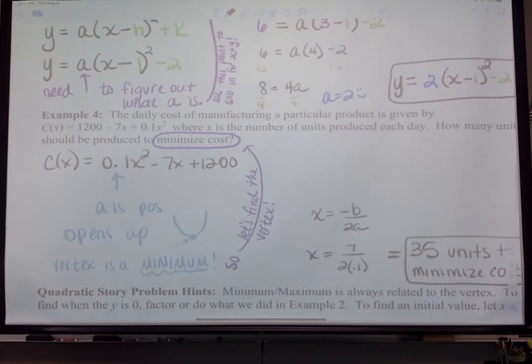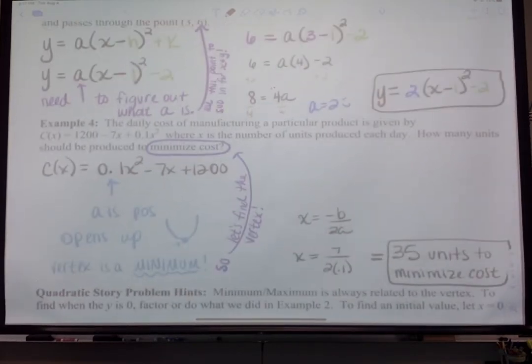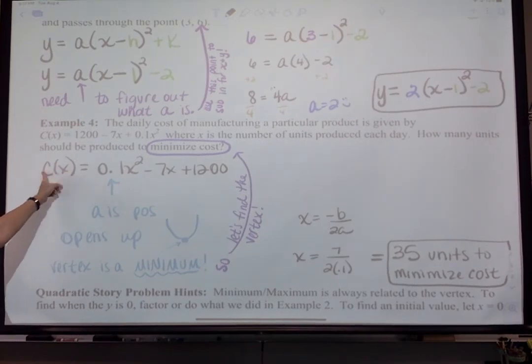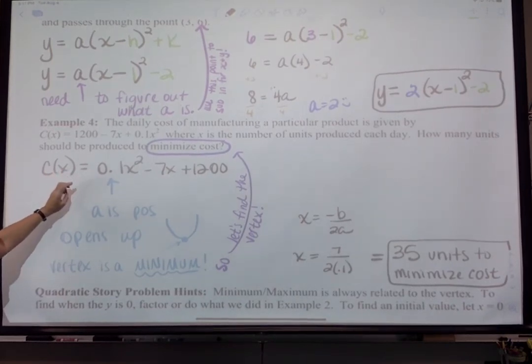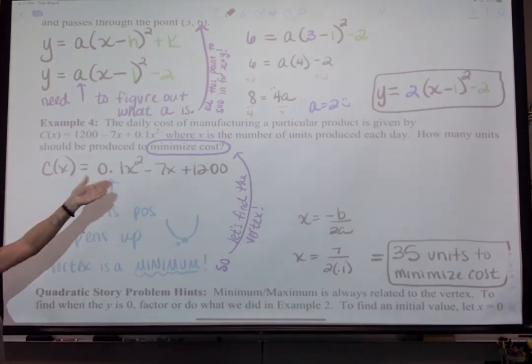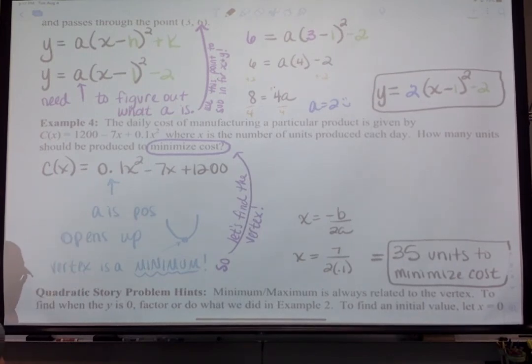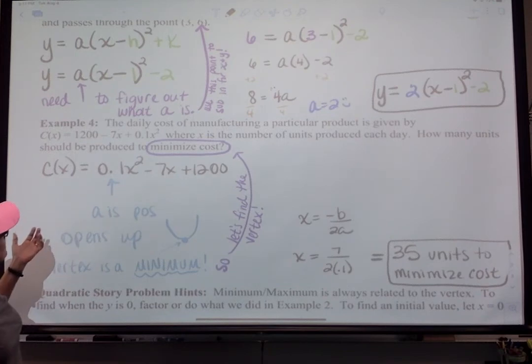Okay, last one. You have an equation called cost. Notice they named it C. How nice of them. Cost of manufacturing a product. X stands for basically number of products. Like if we're making, I don't know, it doesn't say how many, it doesn't say what we're making.